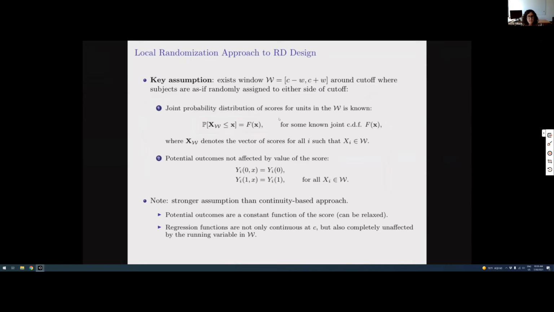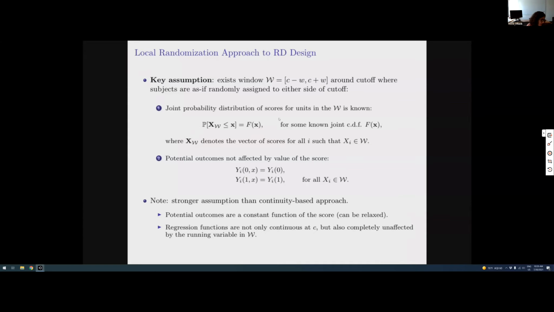You would know exactly the joint probability distribution of that score. So we're going to assume that it's known. In practice, you don't need to know it, but things like assuming that everybody has 1/2 probability or whatever it is will imply that you know this joint distribution.